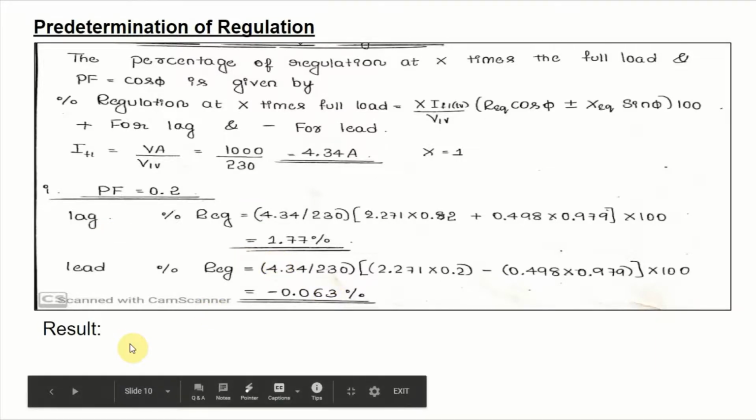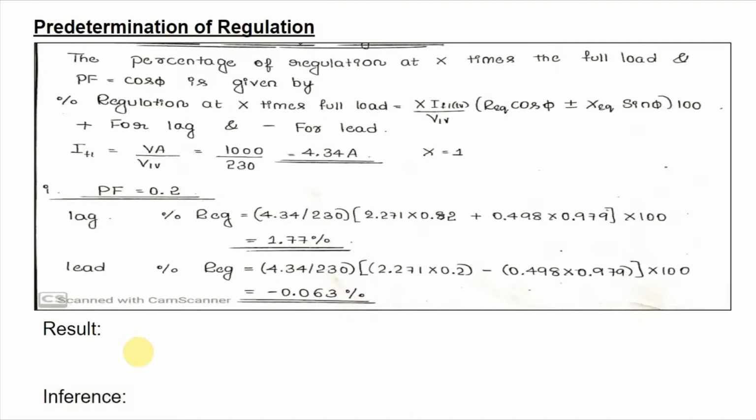Coming to the applications of Sumpner's test. Normally we require a load test to determine the maximum temperature rise of a transformer. Now a small transformer can be put on full load by means of a suitable load impedance. But for a large transformer, a full load test is difficult since it involves considerable waste of energy, and a suitable load capable of absorbing full load power is not easily available.